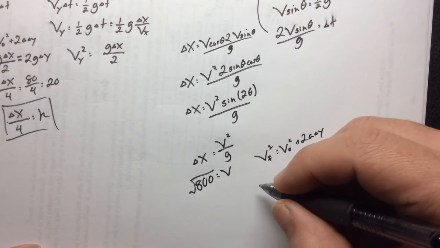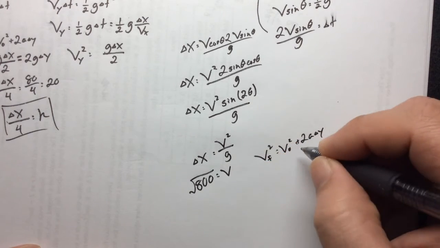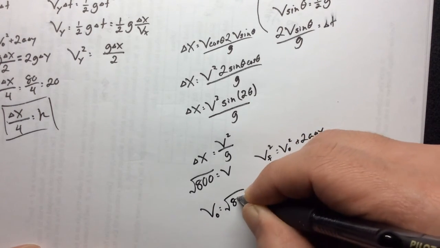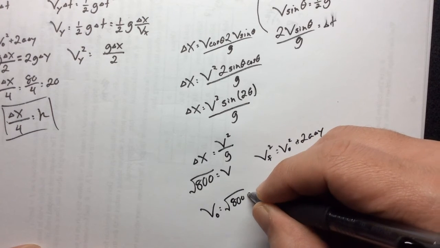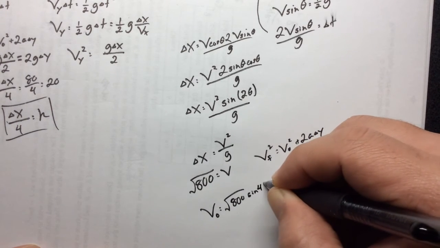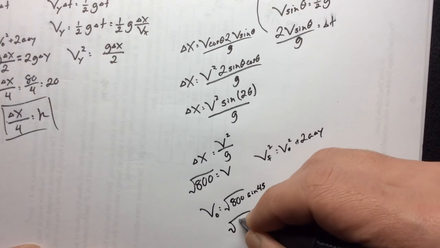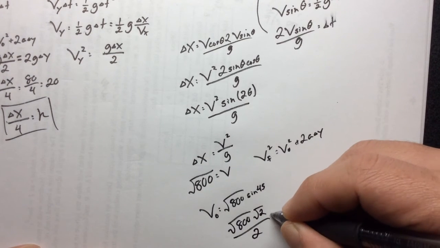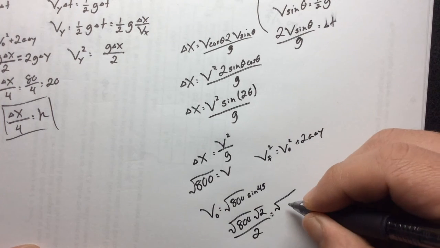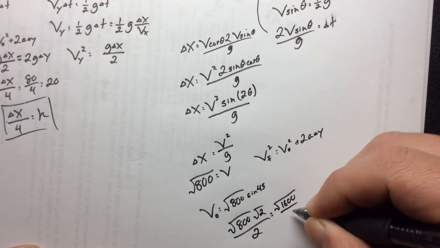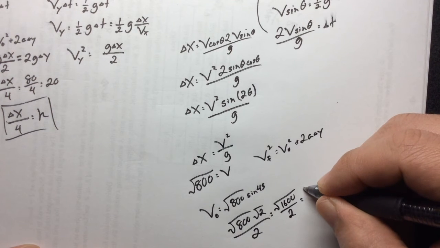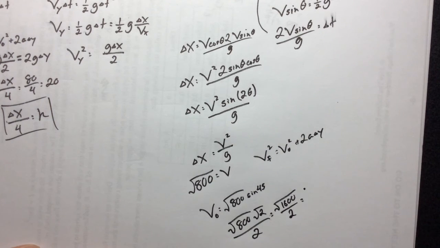So v naught is equal to the square root of 800 multiplied by the sine of 45, or rather the square root of 800 times the square root of 2 divided by 2, or rather the square root of 1600 divided by 2, or rather 40.